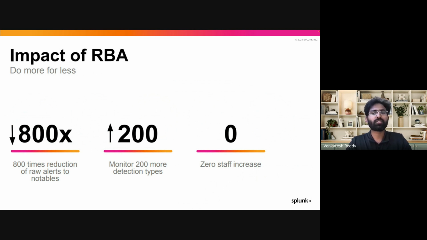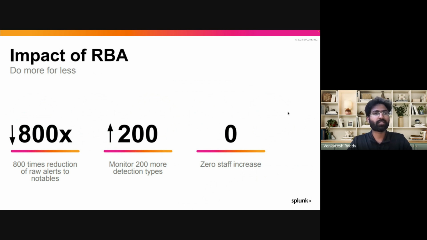And also the productivity of the analysts increased, because there is a reduction in the notable events. Since there is a reduction in the notable events, they can spend more time on the most interesting events or the high critical events. So the performance is improved without adding staff.